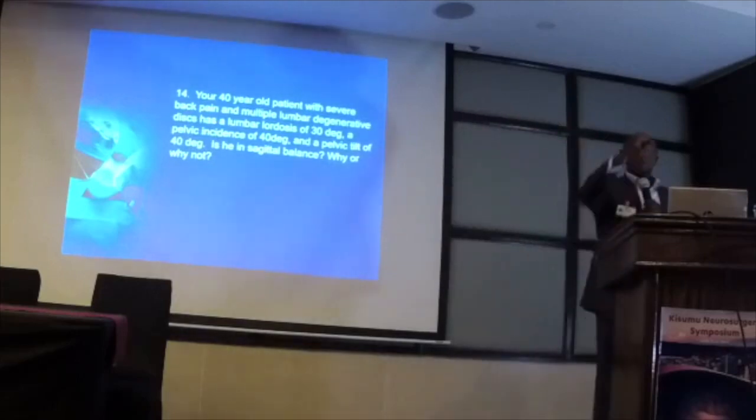Look at the equation of pelvic incidence. If I take the pelvic incidence, which is 40, and I minus the lumbar lordosis, which is 30, the number comes to 10. Is the patient balanced or not balanced?